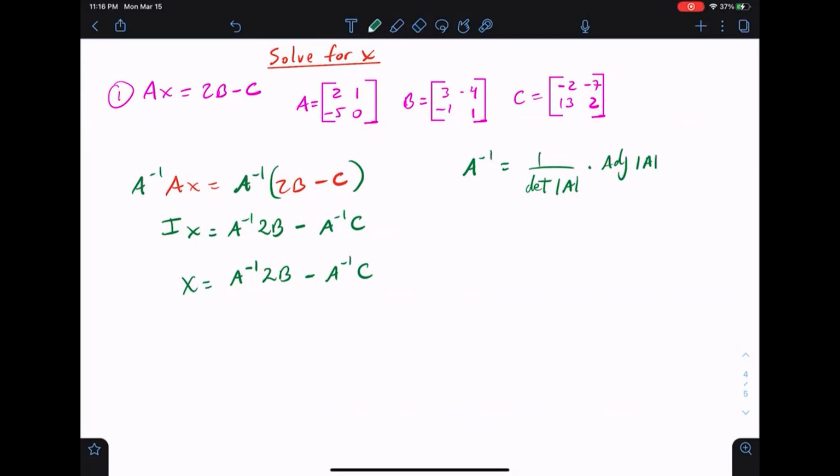So you can use your calculator to find A inverse. So let's use the calculator. Just give me 1 second. Let me share this with you.